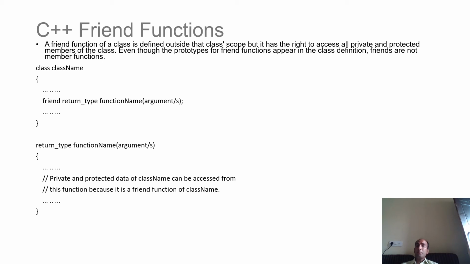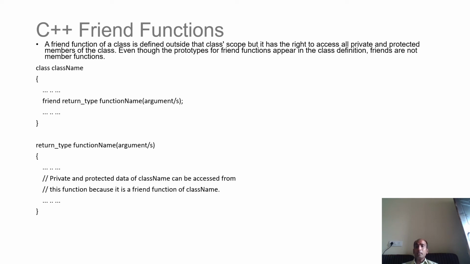So at the time of defining the function, you do not need to use any class name, scope resolution, or friend keyword. When you see the given slide, there is a function type and function name. That is a normal function defined outside the class. There is nothing new in this function, it is just a normal function like in C language.